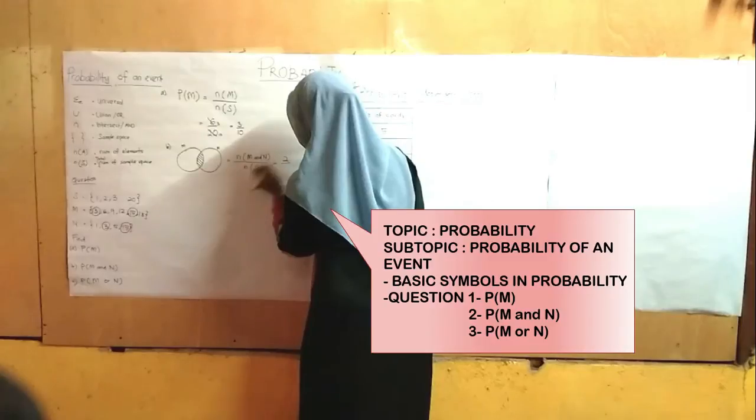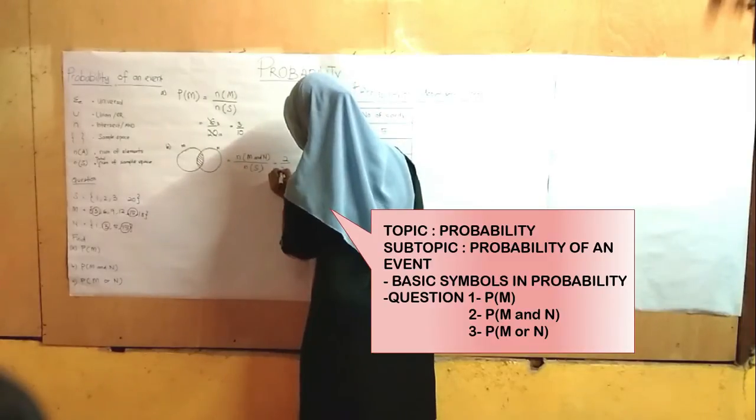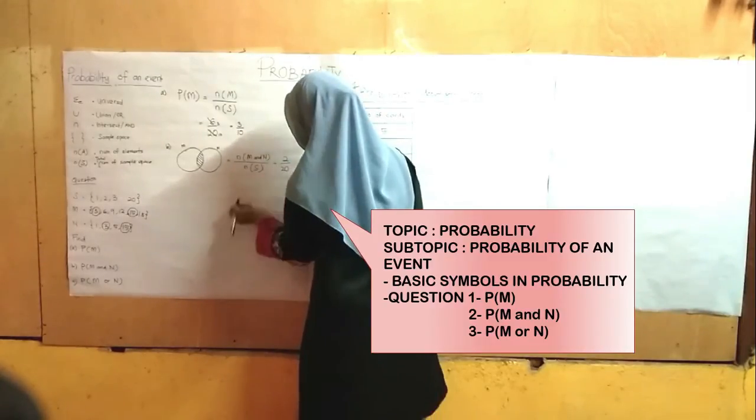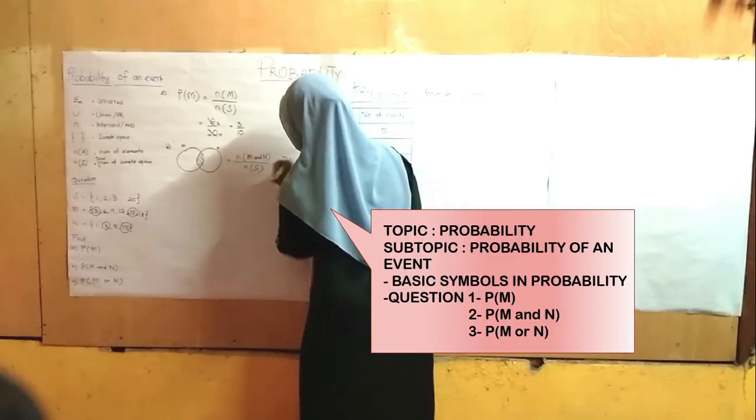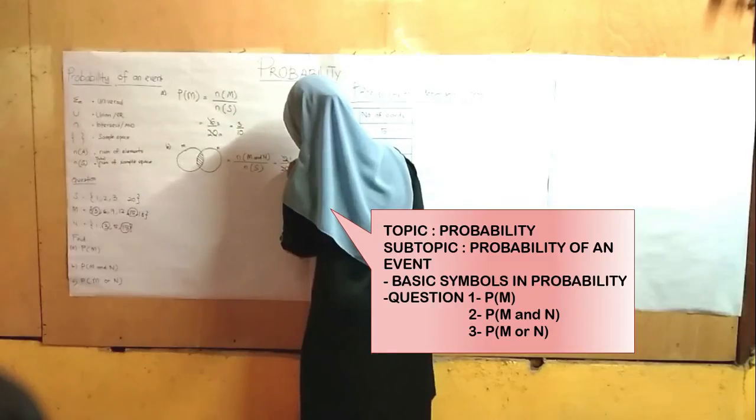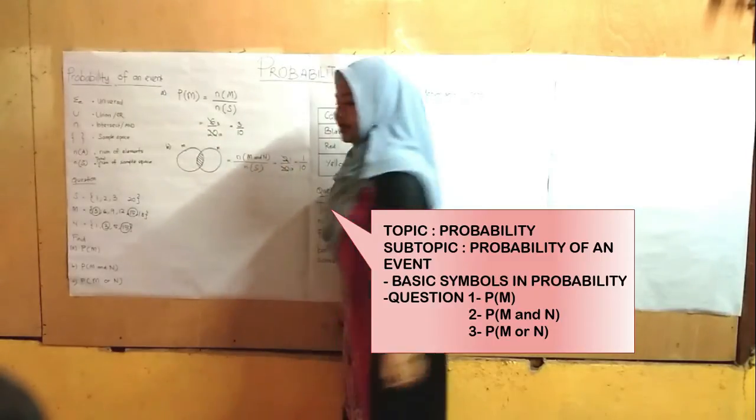So 2 over 20. We simplify it and we get the answer 1 over 10.